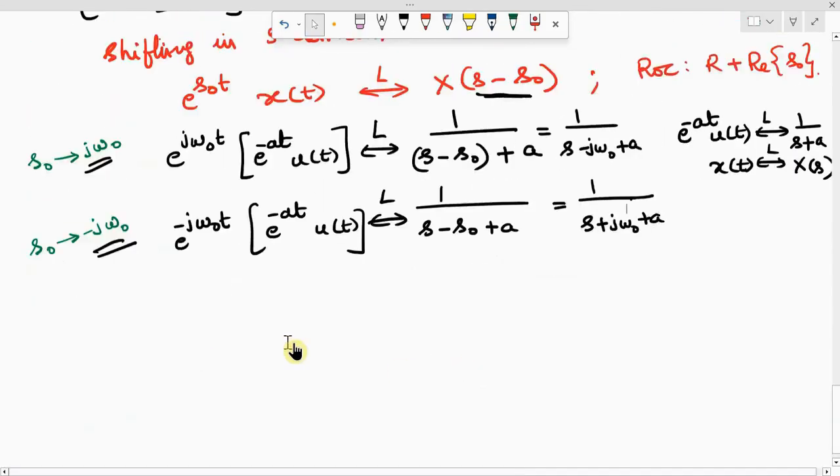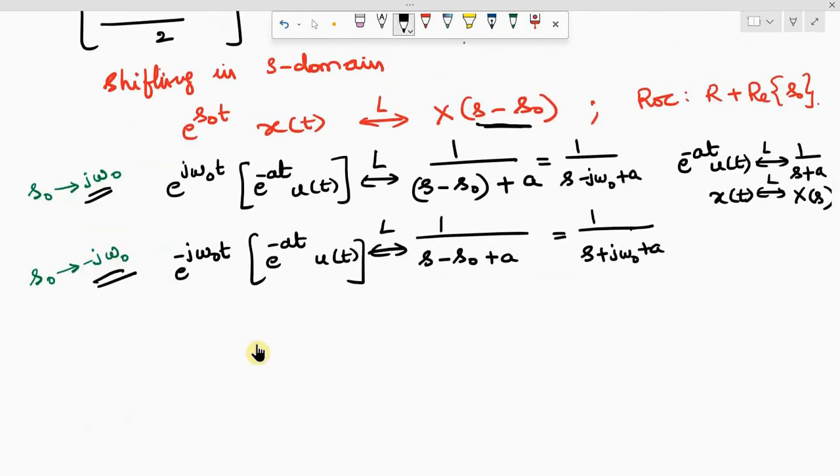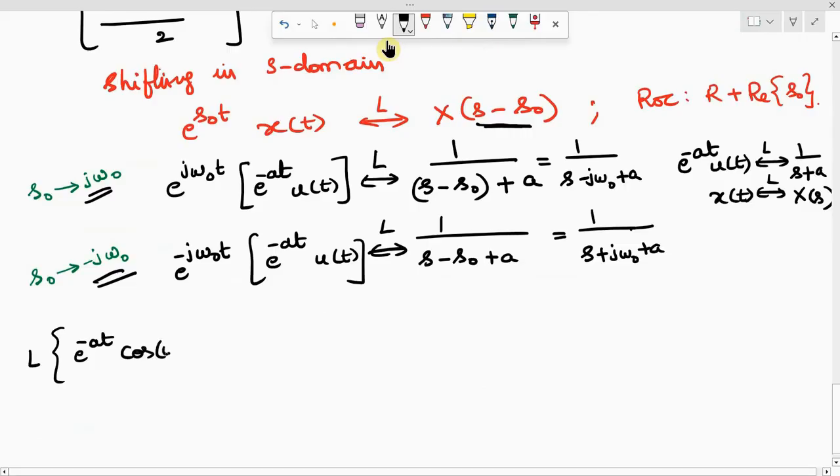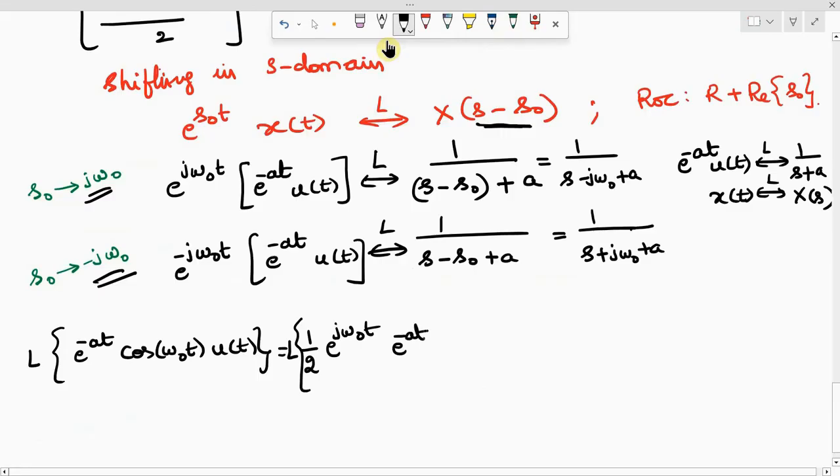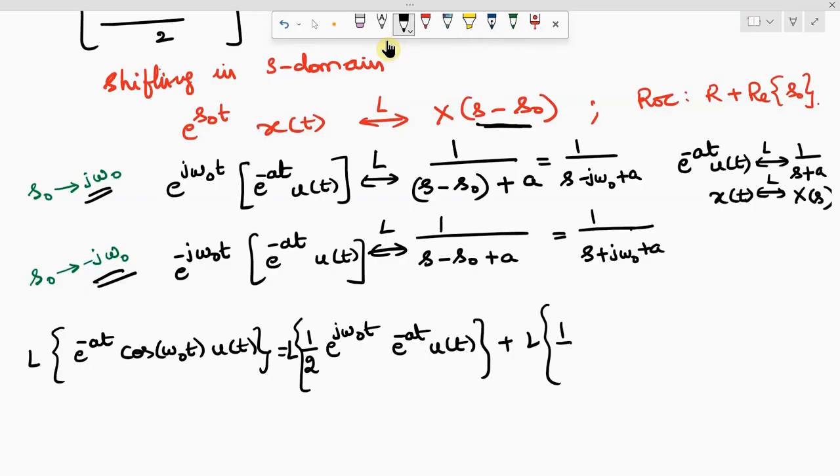Properly writing this, the Laplace transform of e power of minus at cos omega naught t into u of t is understood as half times the Laplace transform of e power of j omega naught t into e power of minus at u of t, plus the Laplace transform of e power of minus j omega naught t into e power of minus at u of t.